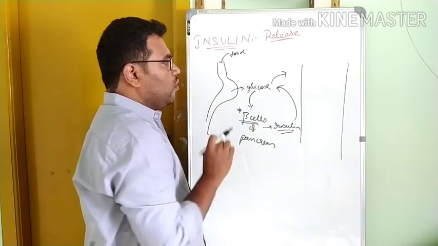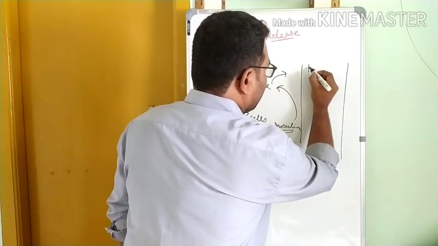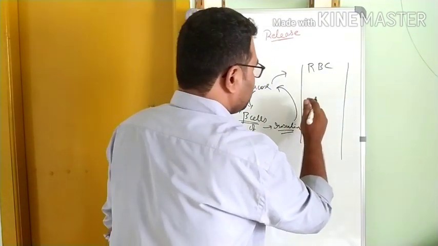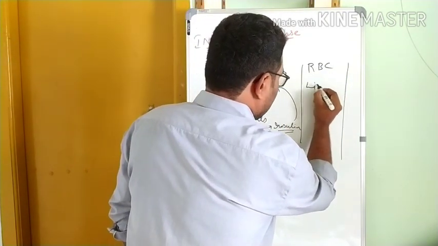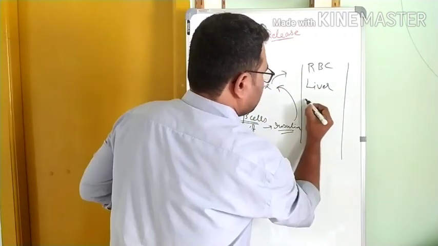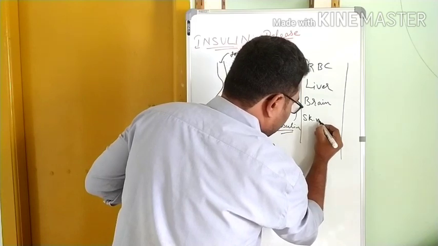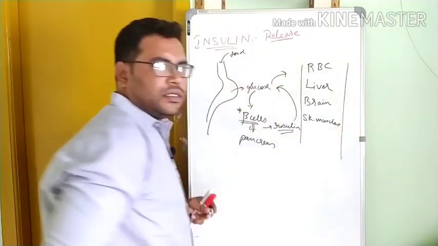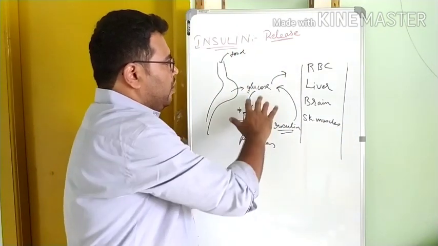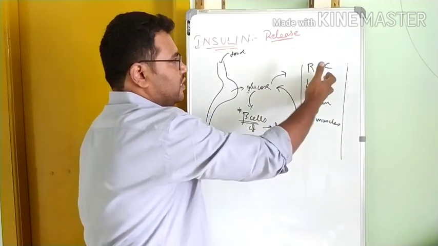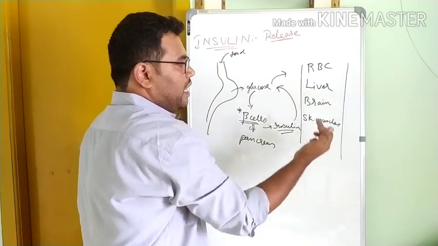Suppose this glucose is stored in RBC, red blood cells, and also in liver, sometimes also in brain, skeletal muscles, right? So the glucose from blood will be stored in different cells such as RBC, liver, brain and skeletal muscles.